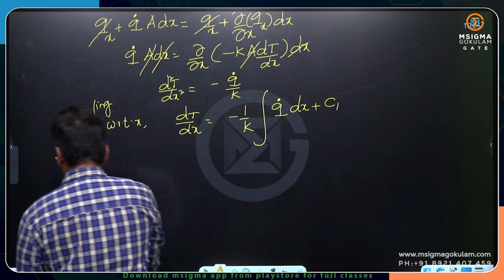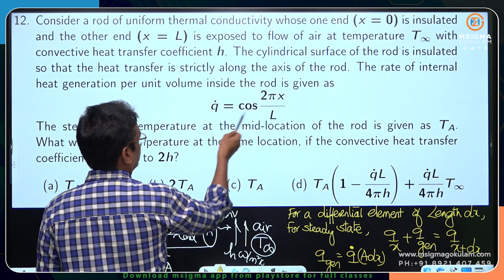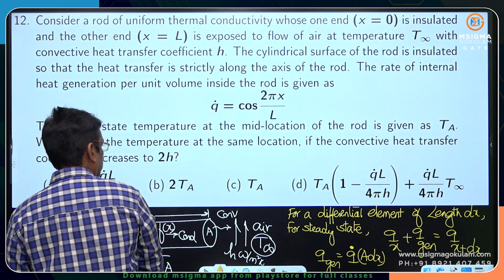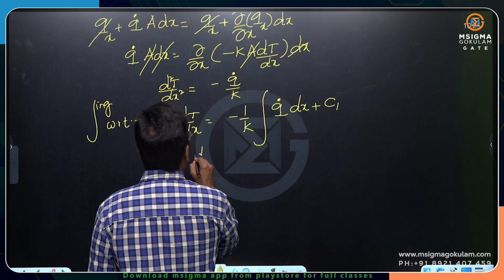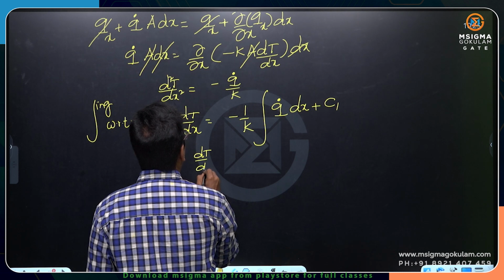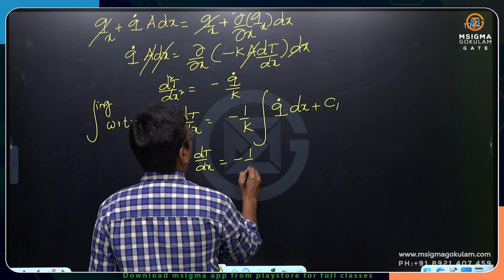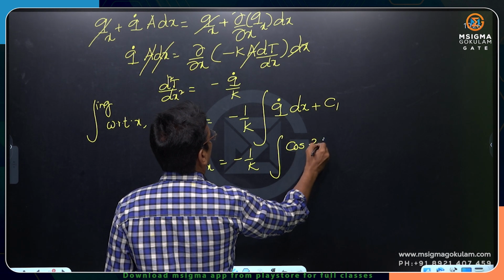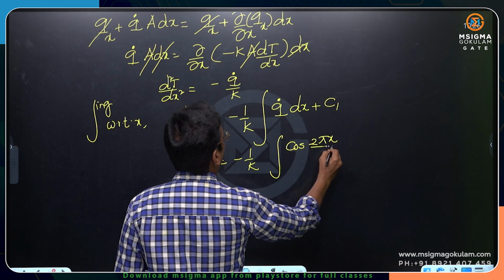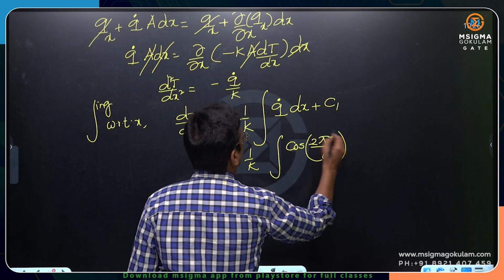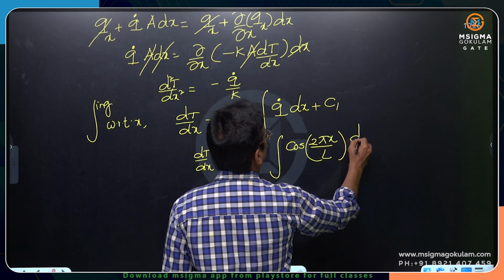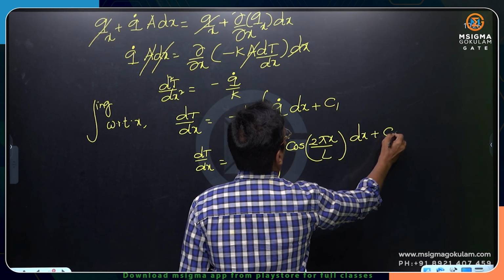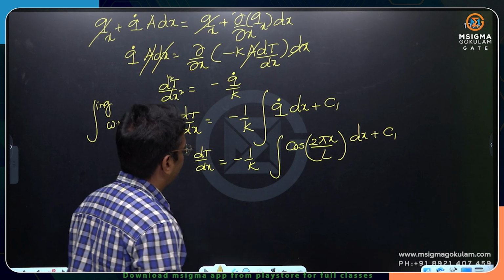Now we have already got the Q dot as a function of x, cos 2 pi x by L. I substitute that: dT by dx is equal to minus 1 by k integral cos 2 pi x by L dx plus C1.